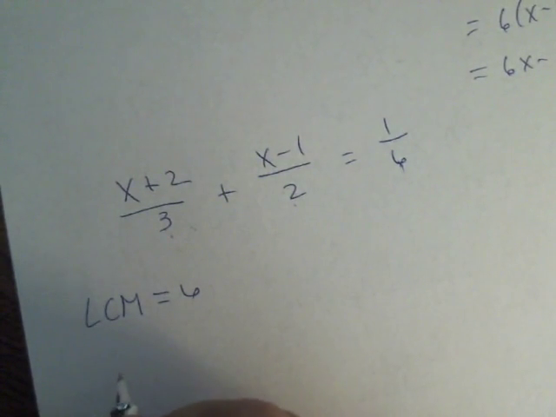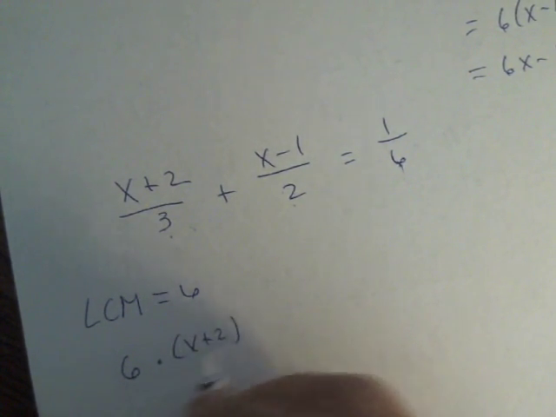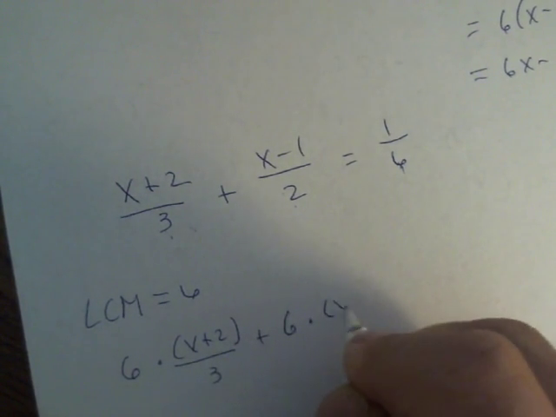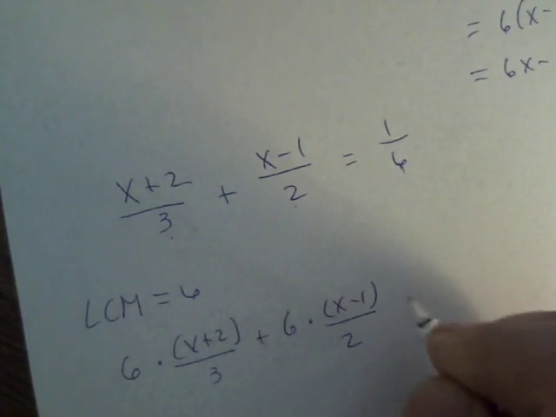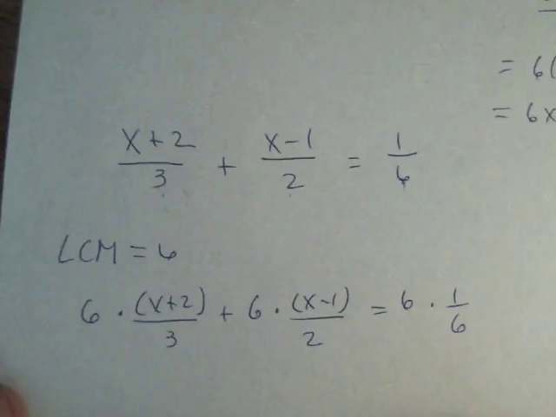You can't just multiply one side by 3 and one side by 6. You're changing the value of the equation. So then I do that. I take 6 times, and I'm going to put this in parentheses just to group it. Think about what this looks like. It looks like what we did up here.